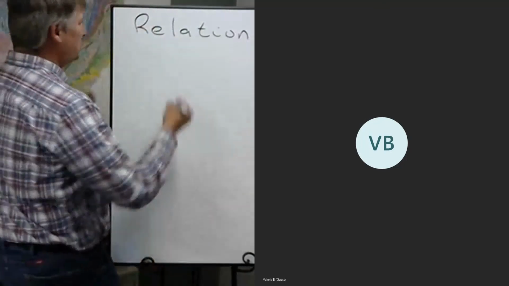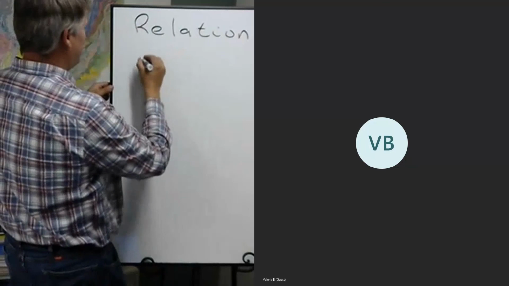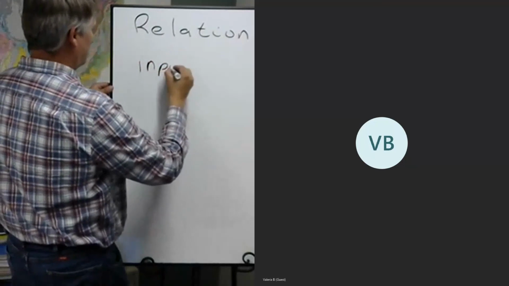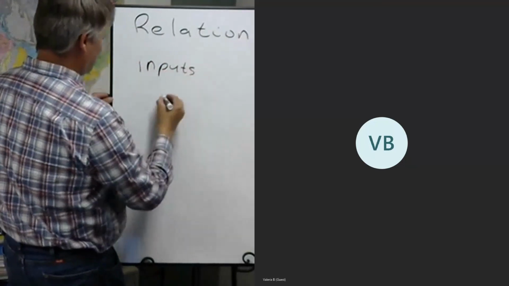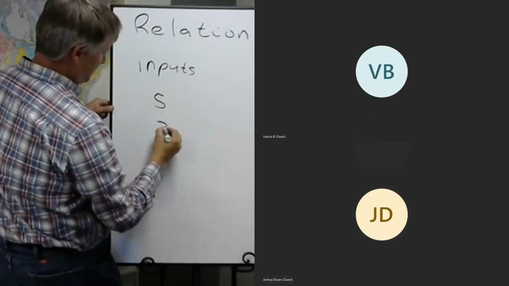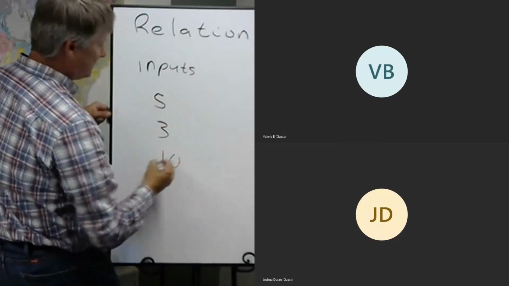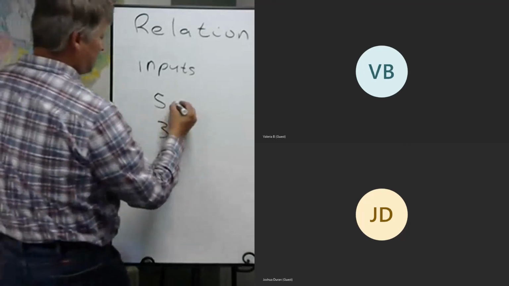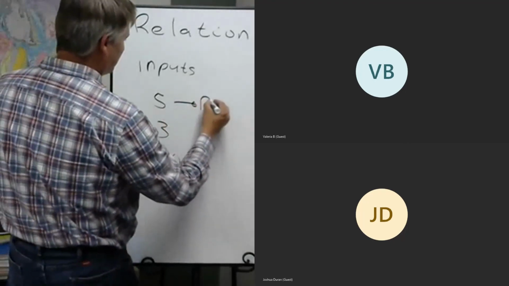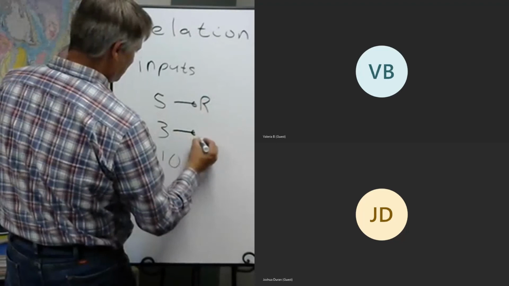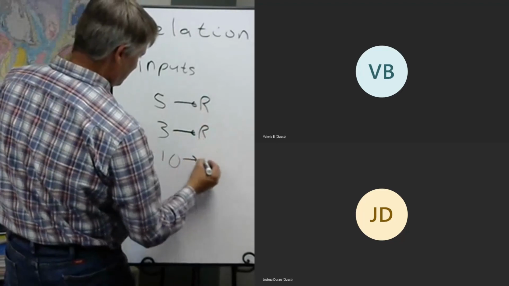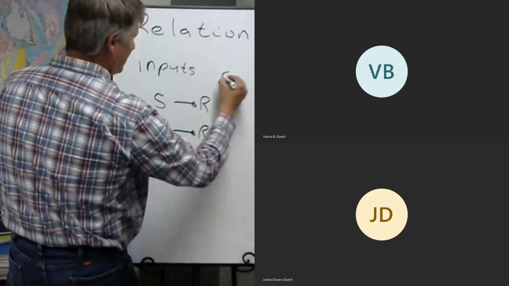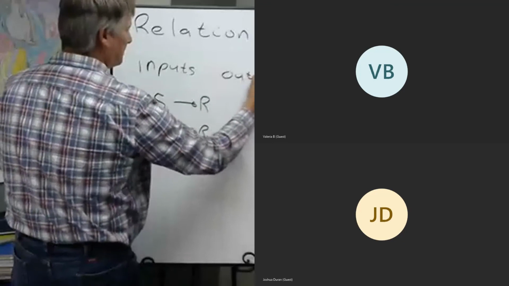So we would choose, say, the number 5, and say the number 3 and the number 10. And then we put these into our relation. We can symbolize this with the letter R. And then we got some outputs.